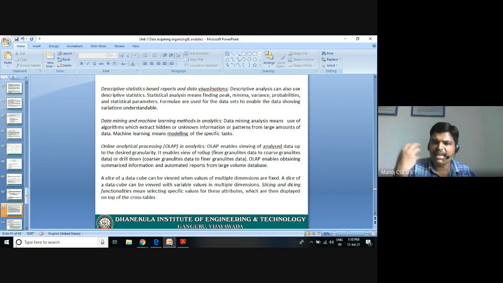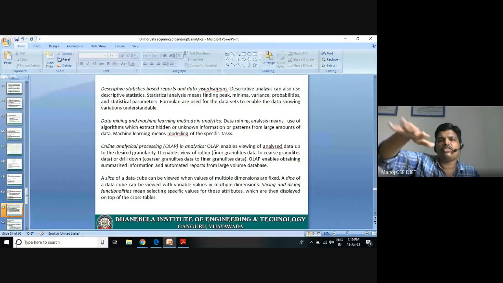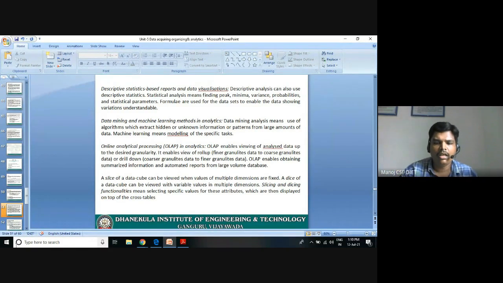A dice of a data cube can be viewed with variable values of multiple dimensions. Slicing and dicing functionalities mean selecting specific values from these attributes, which are then displayed on top of the cross tables. These are the types regarding descriptive analytics.